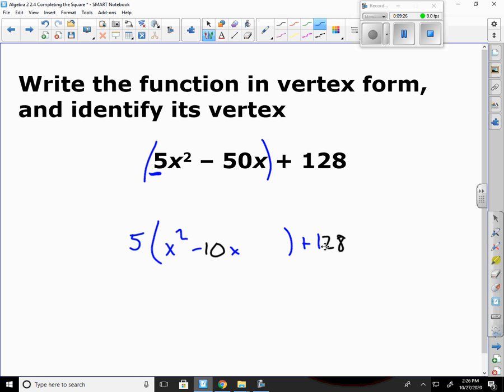plus 128. Now it's minus 10, so I divide that by 2. Negative 10 divided by 2 squared. Negative 10 divided by 2 is negative 5. Negative 5 squared is 25. Remember, it's 5 times 25, so I'm subtracting 125 out here.